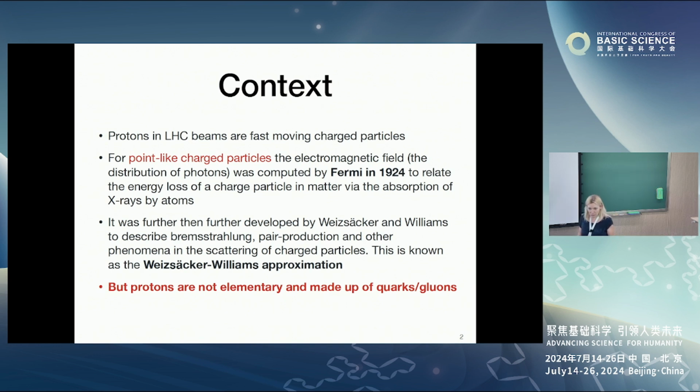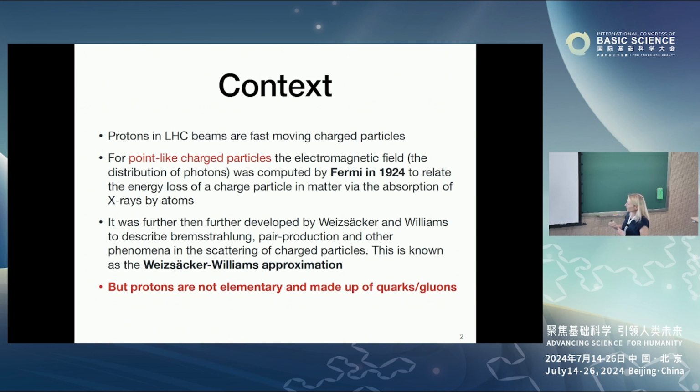Now, the same question was addressed by Fermi already in 1924, but he was talking about point-like charged particles, like electrons. So he was concerned with how do you relate the energy loss of electrons, elementary charged particles that move in matter, via the absorption of X-rays by atoms. This concept was then also further developed by Weizsäcker and Williams.